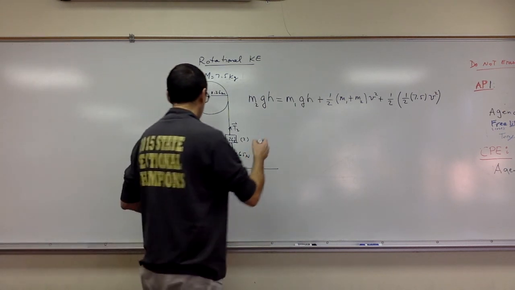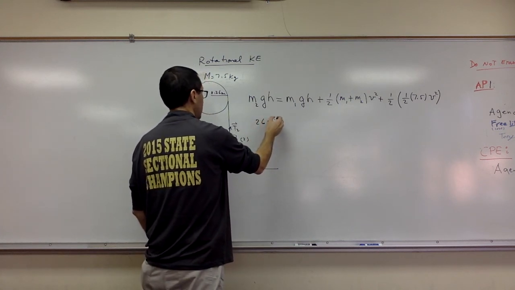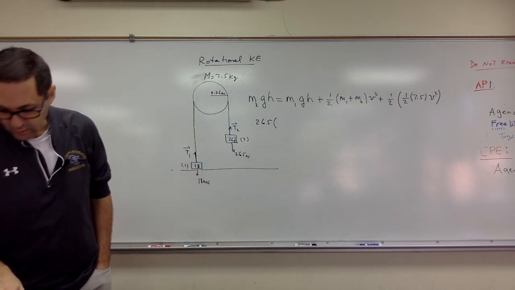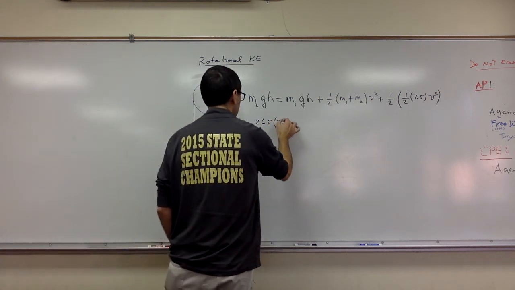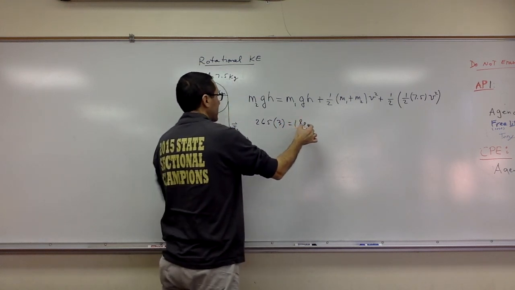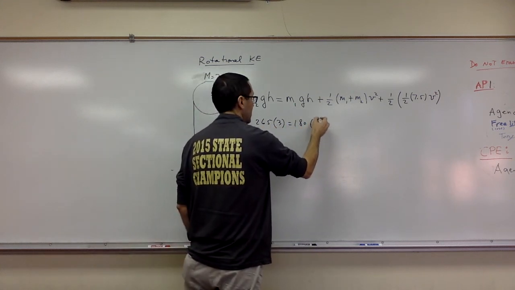All right, so now it's just a matter of plugging numbers in. So M2 times g, that's 265 times 3 meters above the ground, equals 180. Now when this drops 3 meters, this one is going to go up 3 meters.